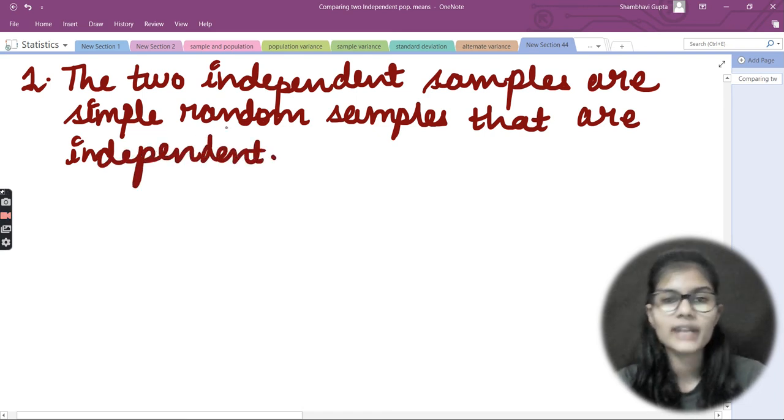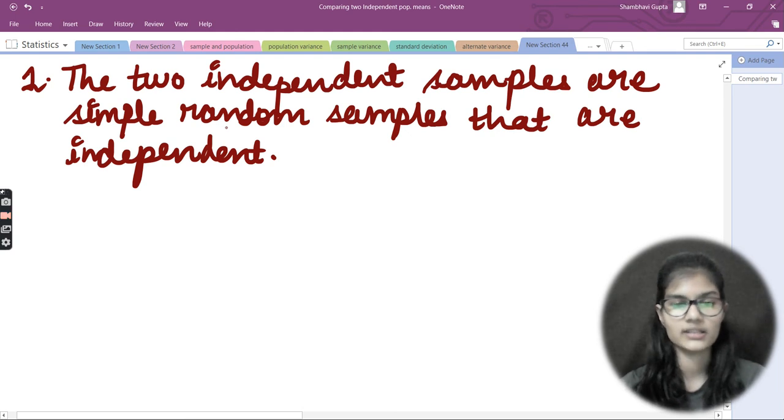So what do we mean by two independent samples? The two independent samples means that these are random samples that are actually independent.